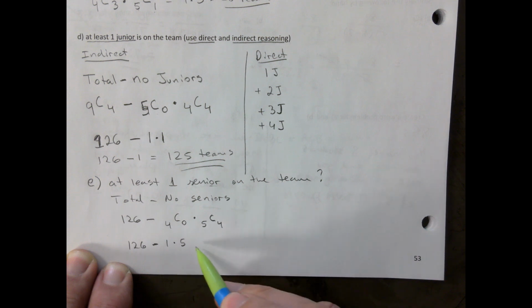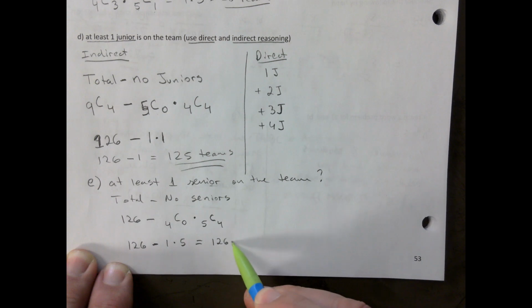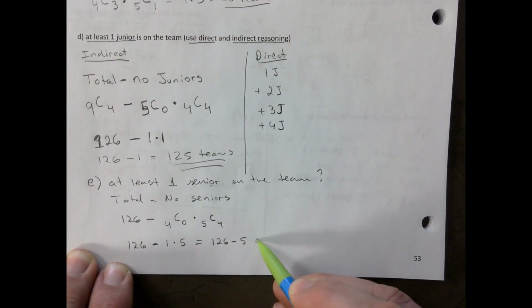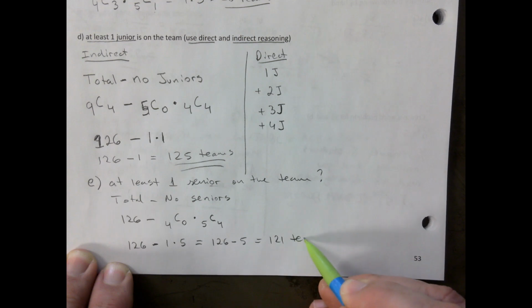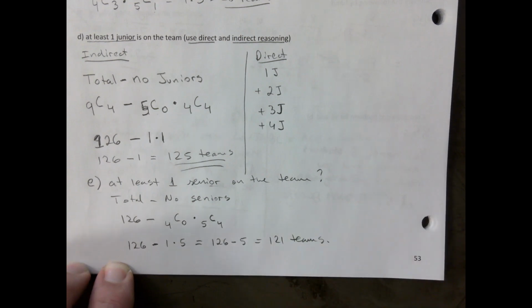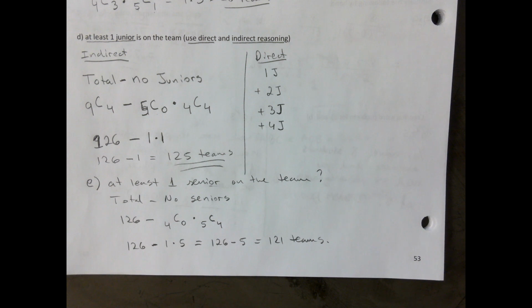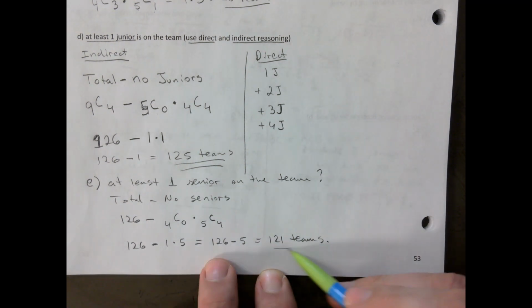We can go this way. That's no problem. 126 minus 5. So that's 121. So there's fewer teams with at least 1 senior, because there are fewer seniors overall. If you go back to your choices 5 and 4, it makes sense that that would be the case.